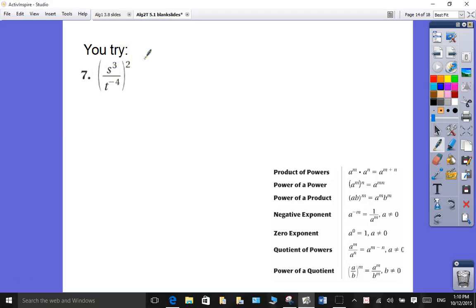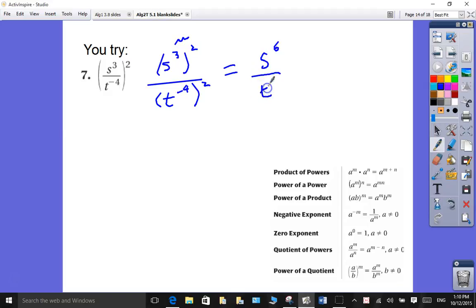We need to distribute that to the numerator, s to the 3rd squared, divided by t to the negative 4 squared. And then what is the operation between the 3 and the 2 and the negative 4 and the 2? It's a multiplication. When you raise a power to a power, you multiply. S to the 6th, t to the negative 8.